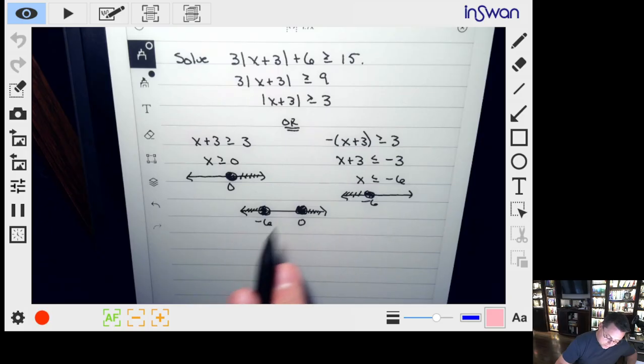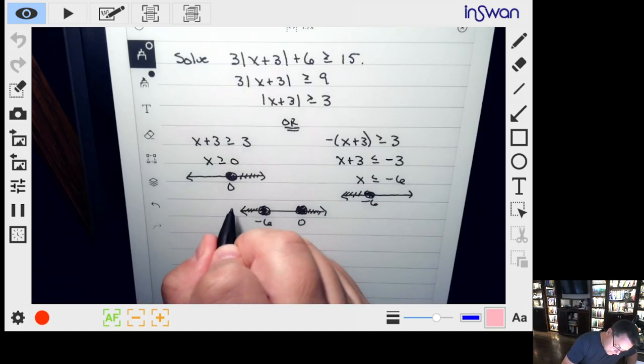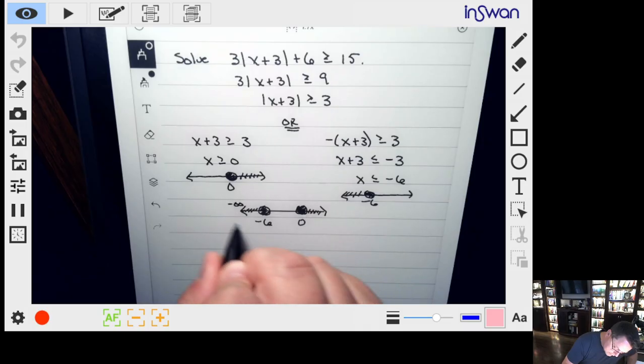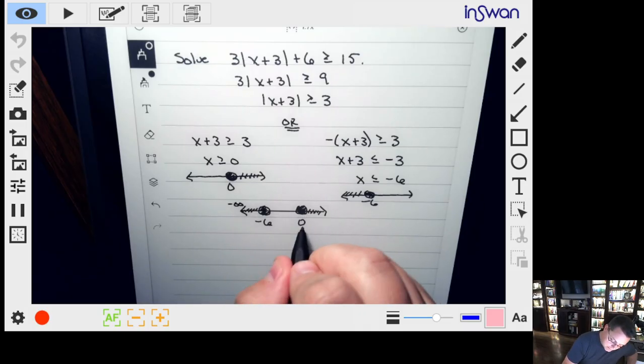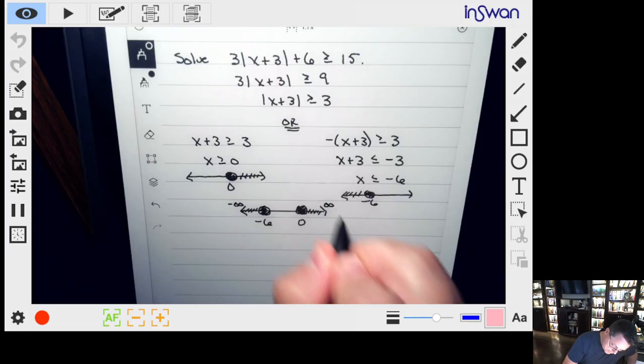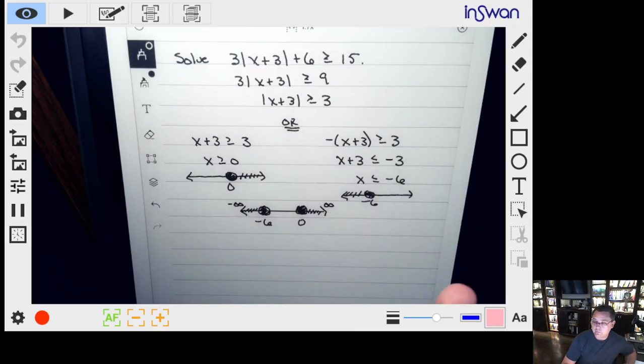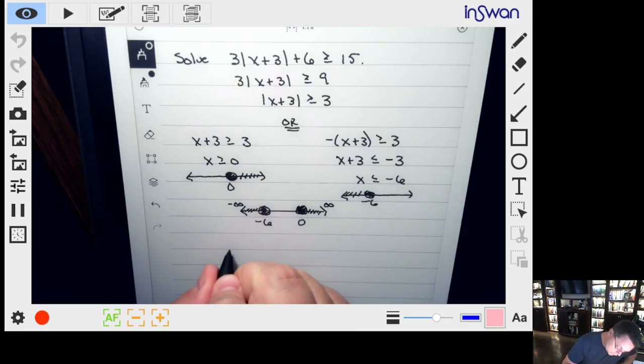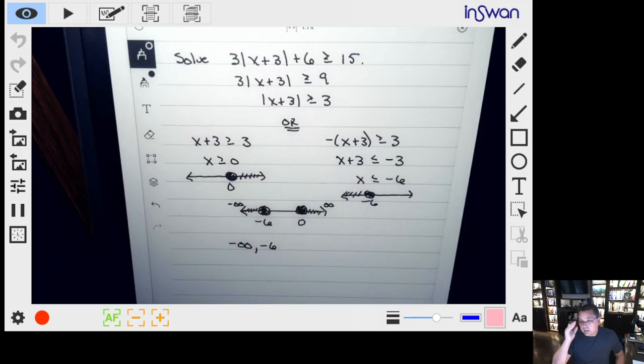So here we've got an or, so everything from negative infinity to negative 6 will work, and everything from 0 up to infinity will work. Any of those numbers in those intervals. So I've got two separate intervals here. On our intervals, we go from left to right. So I'm going to go from negative infinity to negative 6. Now, infinities aren't really numbers.